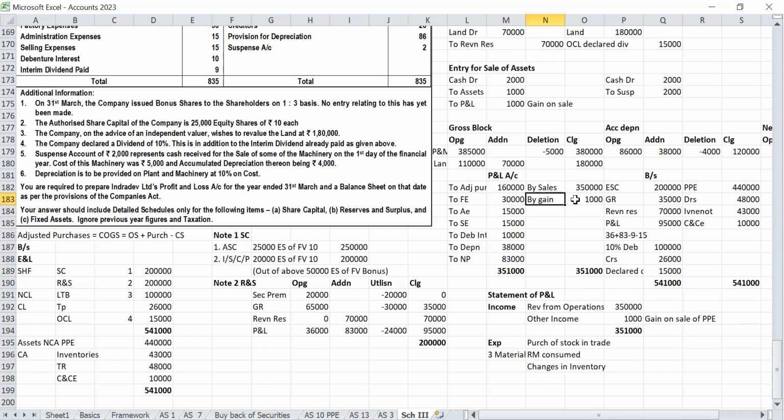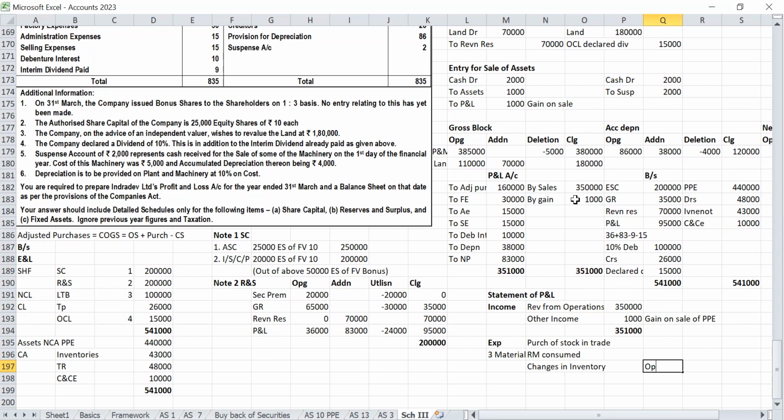Normally, in trading account, opening stock and closing stock will come. Here we are not preparing trading account format. So just changes in inventory you have to write in the expenses side.